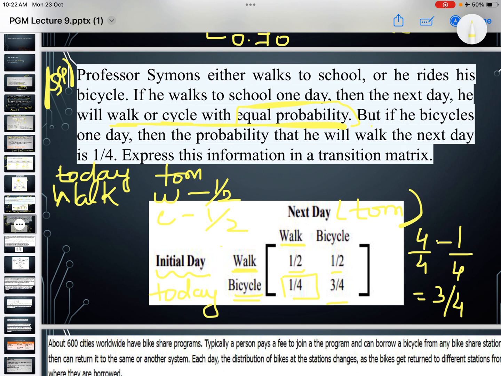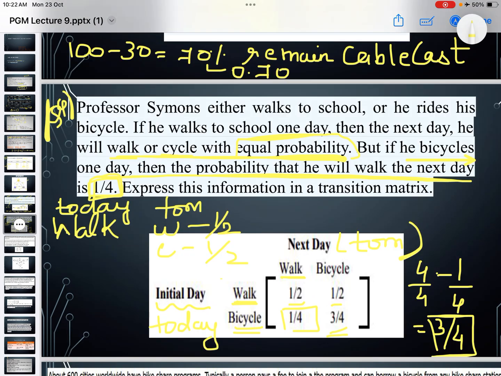So today if the professor is using bicycle, then the probability that he will walk the next day is 1/4. And if today he is taking the bicycle, then the probability that he will take a bicycle even tomorrow is 3/4. This is your matrix.